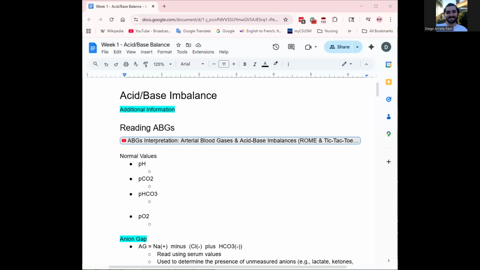But right now I'll go over the normal values and everything. I'm not sure if you guys have a standardized set that they went over, but if not, I'll just talk about the values that are typically used. So do you guys know what the normal pH value is?